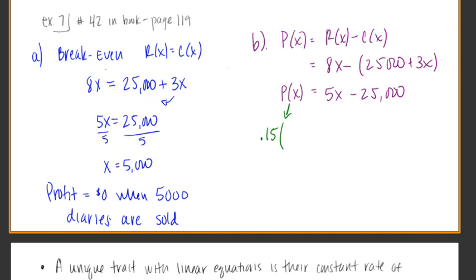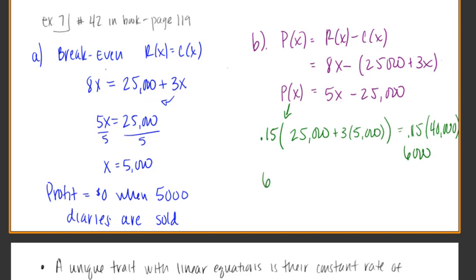So going up to our cost equation, it's 25,000 plus 3 times the 5,000, because that's what we just discovered, that we break even at 5,000, and we want to go 15% higher because we want to go into the profit. Okay, so 3 times 5,000 is 15,000 plus 25,000, so we're looking at 15% of $40,000. Just doing the math on that real quick, comes out to $6,000.